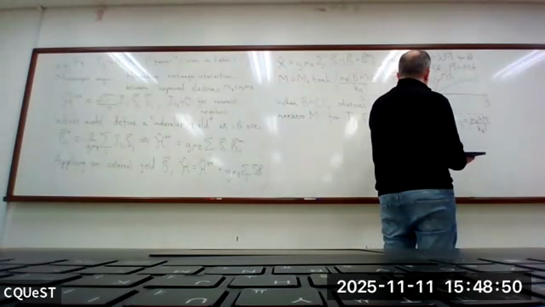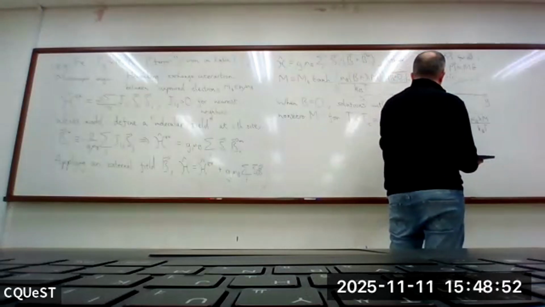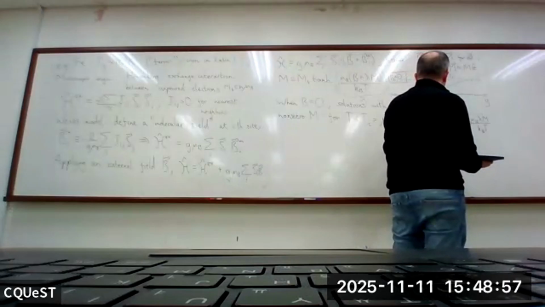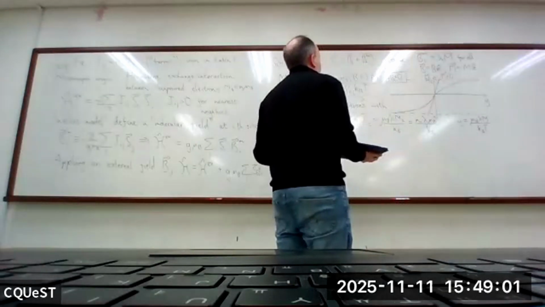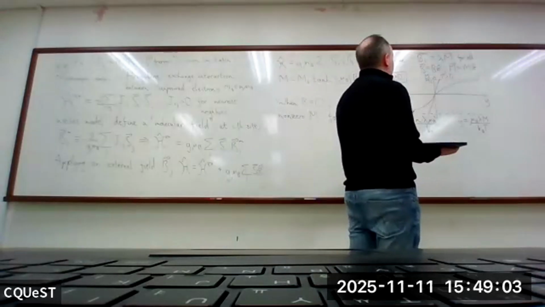You can also write this as N lambda mu B squared over kB. Okay.